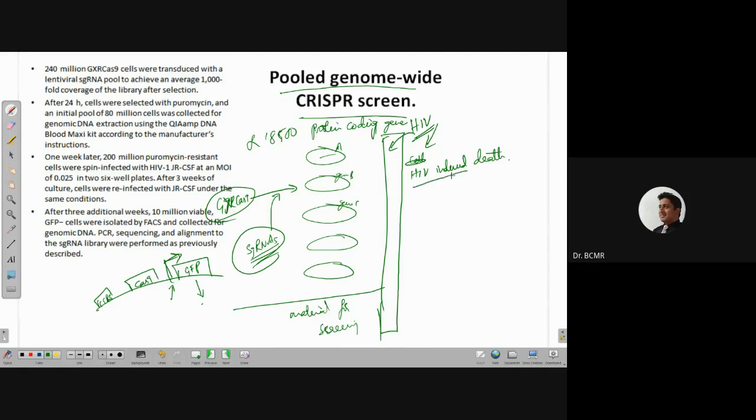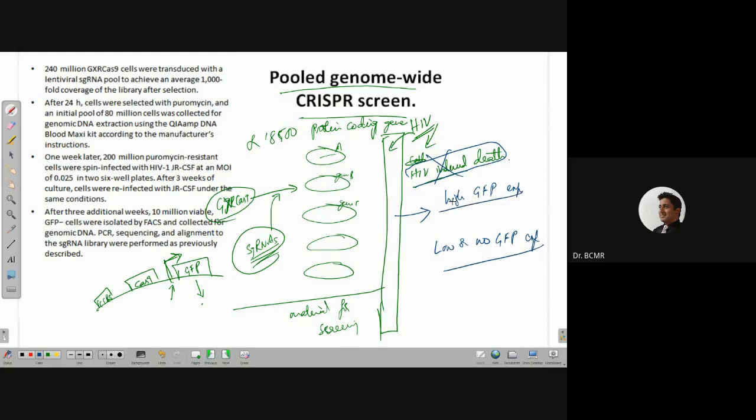Some cells die from HIV-induced death, and among the rest, some cells will have high GFP expression, and some will remain the same, with low or no GFP expression.